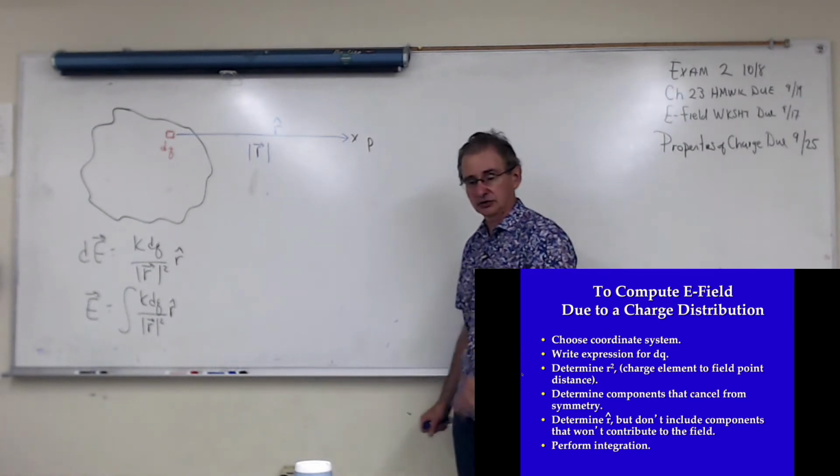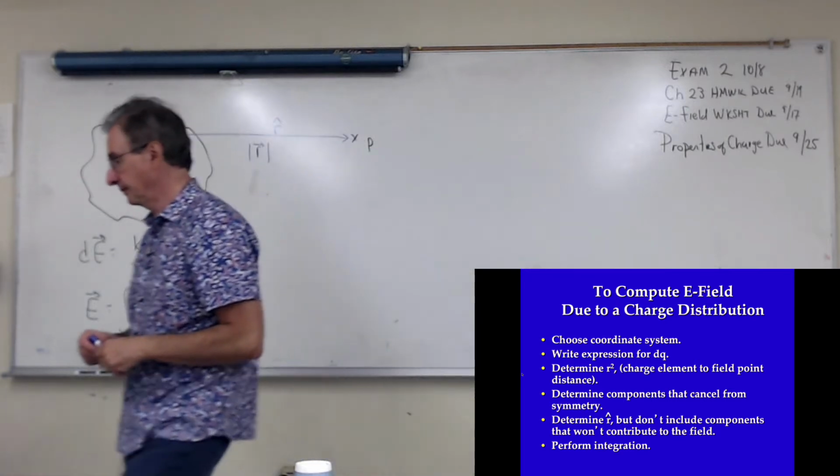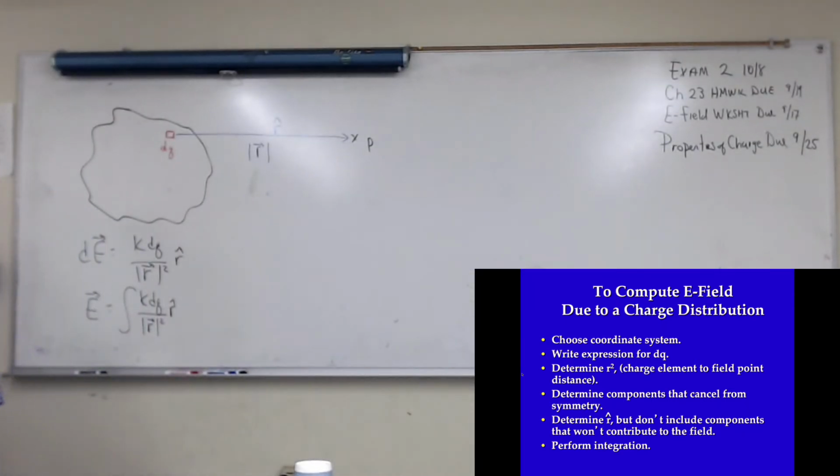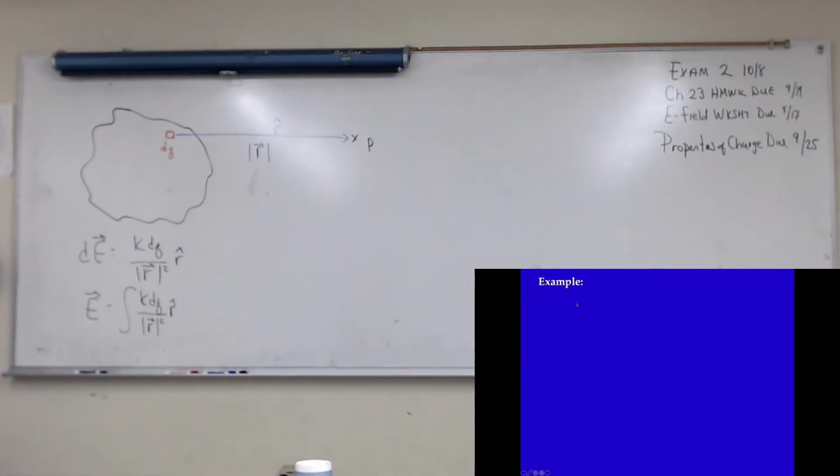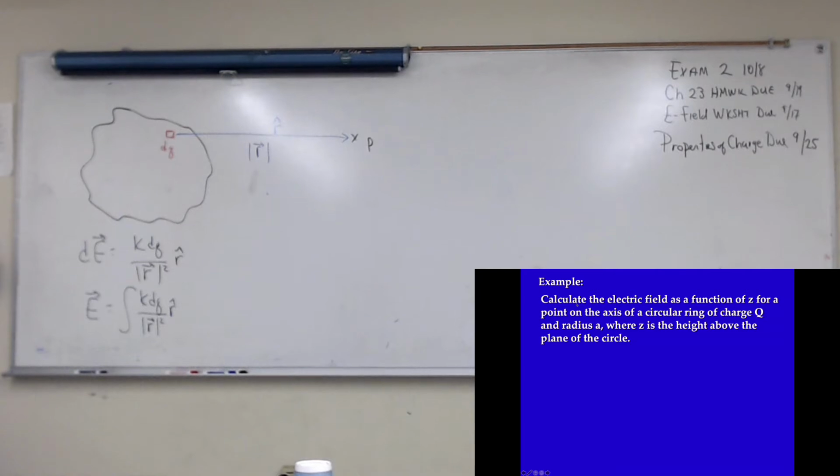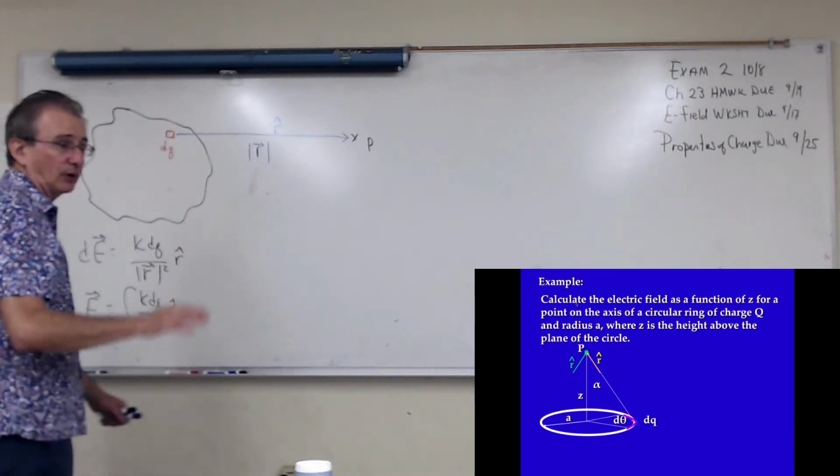Okay, so let's go ahead and do an example. I forgot to turn on my keyboard. Sorry. So this first example, I have a ring of charge, and its uniform charge density.